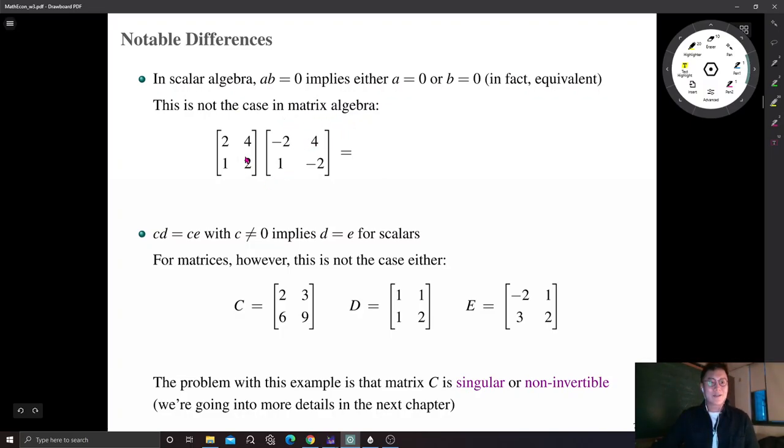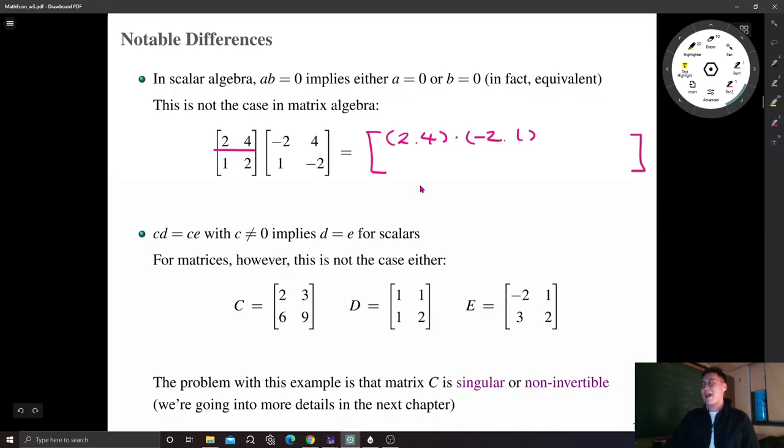Surprisingly, here we have two non-zero matrices. The first one is non-zero, and the second is also non-zero. But if we multiply them, the first entry, in the first row and first column, is the dot product between (2, 4), the first row of the first matrix, and the first column of the second matrix.